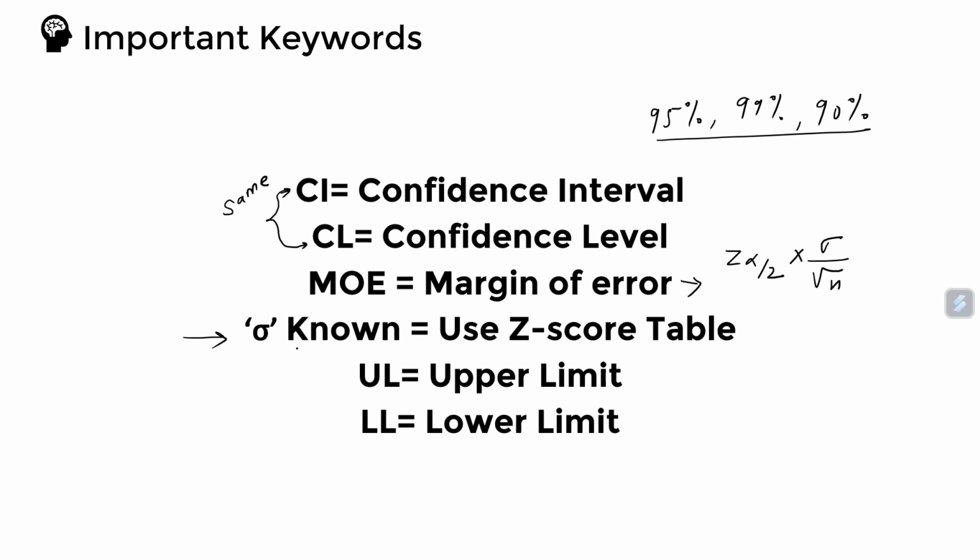In a sigma known case, we always use the Z-score table. This is a very important point to be noted. Then I also told you about upper limits and lower limits. The formula to calculate upper limit is x bar plus margin of error, and for lower limit, x bar minus margin of error.